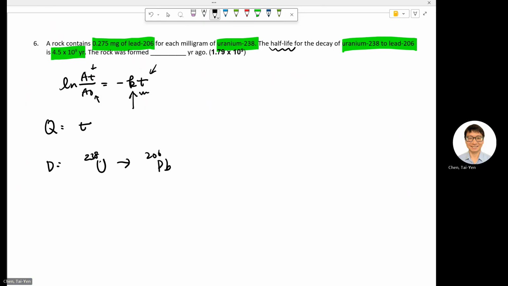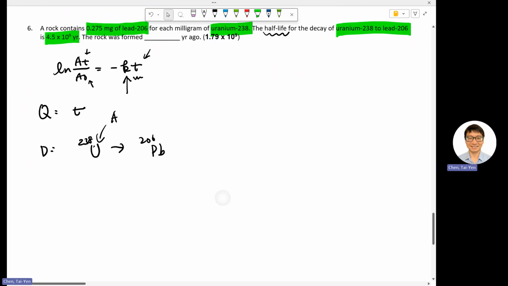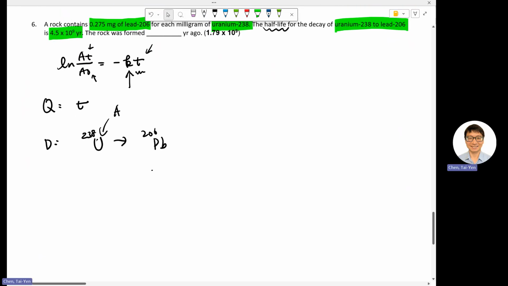I said a lot of things in the beginning, trying to make it more clear to you. So make sure you know who is the target you want to look for, right? So apparently this is your A. And it says in this rock, you have 0.275 milligram of PB per milligram of U, right?